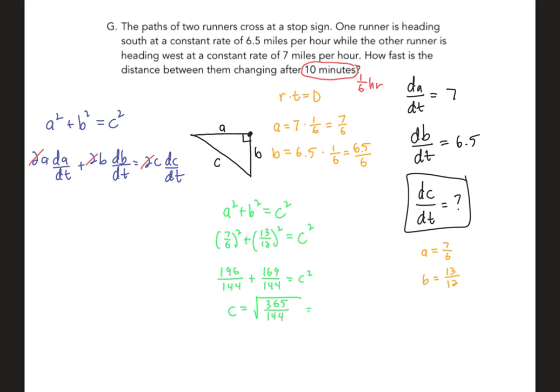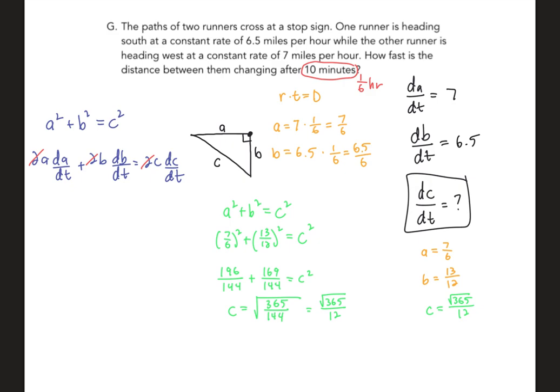Then we can write that as square root of 365 over 12. I don't think the square root of 365 can be simplified, but I'm not sure. That's fine. We'll just leave it like that. All right, now we've got everything that we need. I'll put it over here to the right, just to be organized.